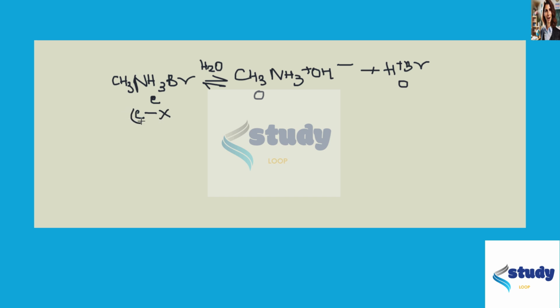Some amount of it gets hydrolyzed and you end up with X moles of this and X moles of that. Now the Ka of this reaction will be 10 to the power minus 14 divided by the Kb. We can go into the concept of this some other time, but right now I'm just focusing on how to solve this problem. So in another segment, I will go through why we're using this formula over here.